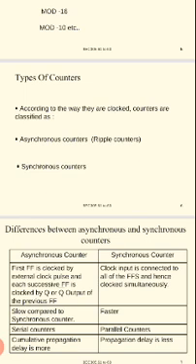In asynchronous counter, the first flip-flop is clocked by external clock pulse and each successive flip-flop is clocked by the Q bar output of the previous flip-flop.